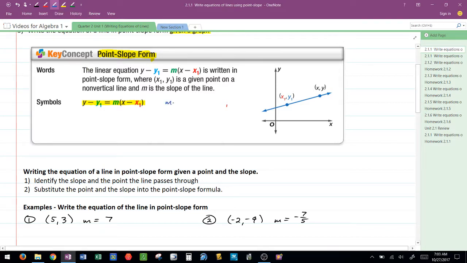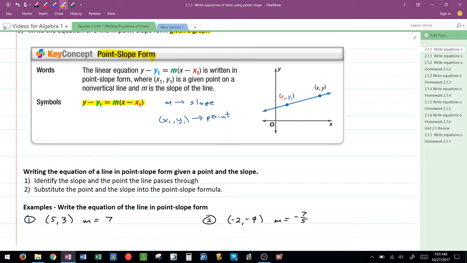The first thing you have to know is m. M, we should know, is the slope. The second thing you have to know is, what does this x1, y1 represent? Well, that's very simply a point. So if you take the point and you take the slope together, that's how we come up with the name point-slope.